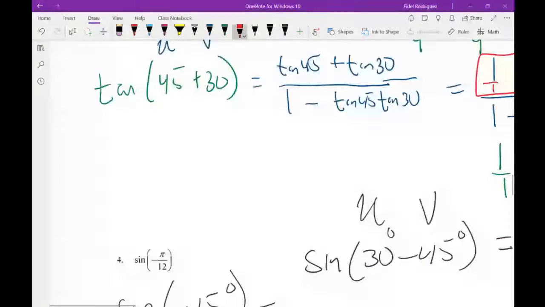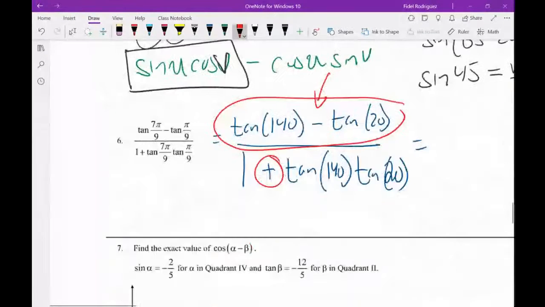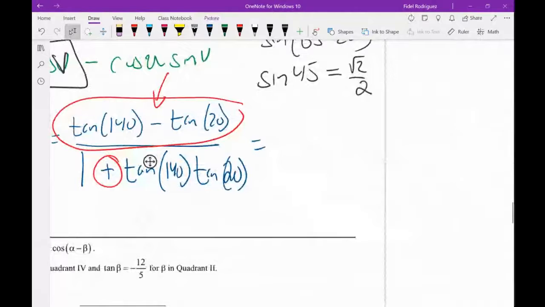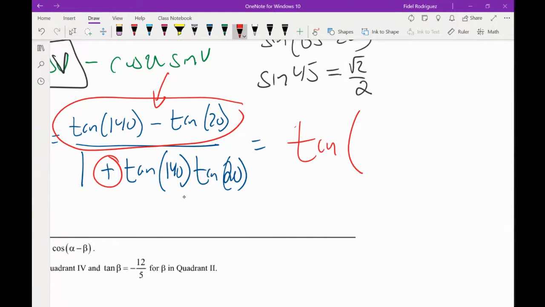Okay, so we're going to come back here, and we said this here should be the same thing as the tangent of 140 minus 20. And what is 140 minus 20? 120 degrees, right?